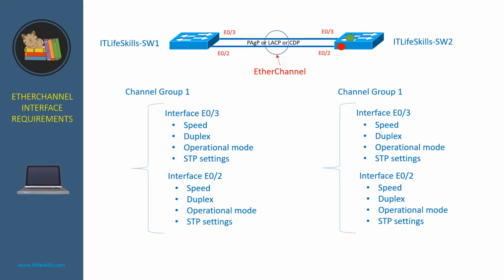The EtherChannel is only formed between the two switches when the speed, duplex, and operational mode are matched. The STP settings do not need to match between the two neighbors.